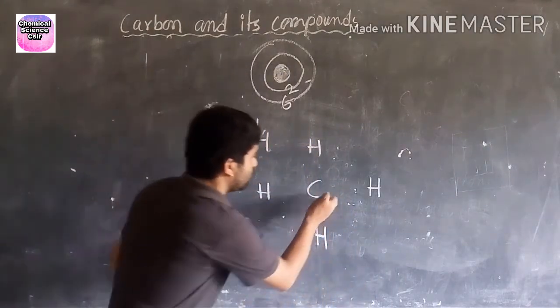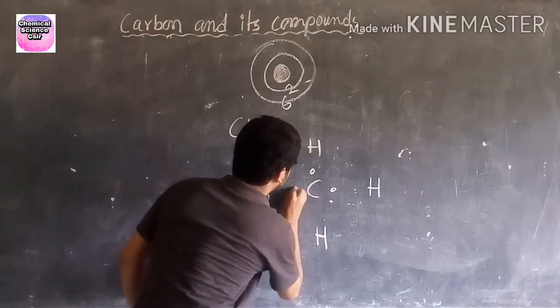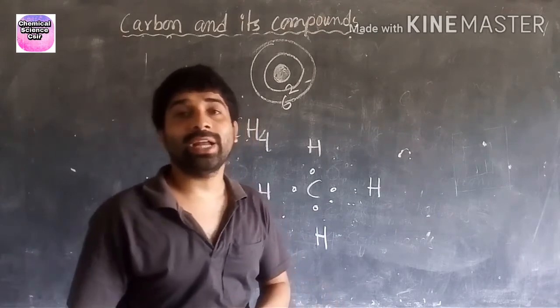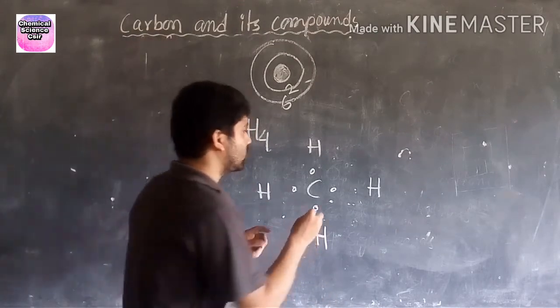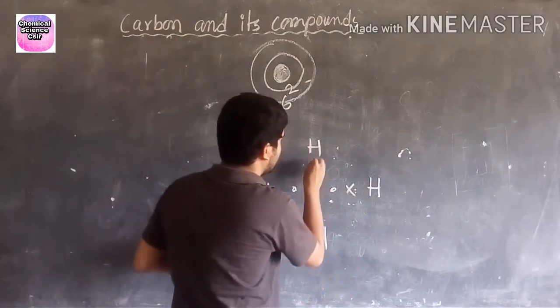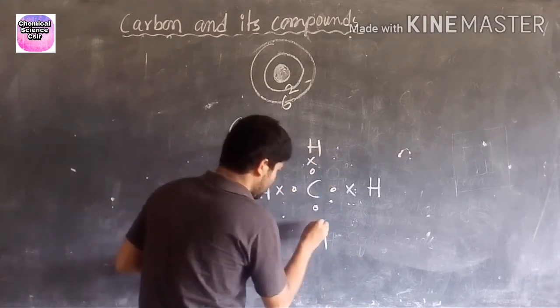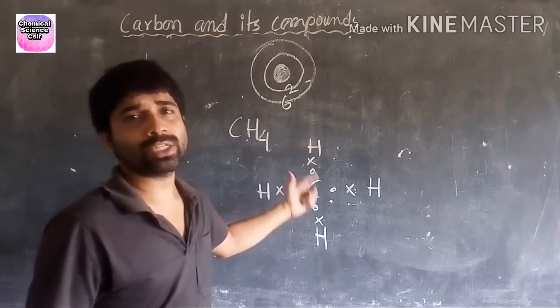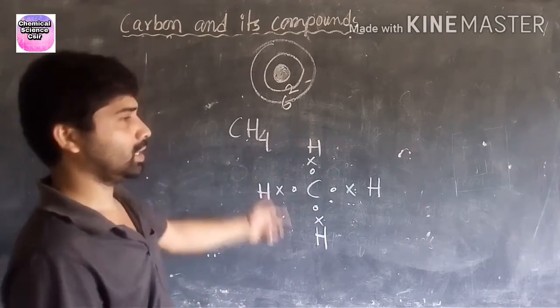Only 4: 1, 2, 3, 4. And the atomic number of hydrogen is 1, so only 1 electron. This is a hydrogen electron, this one a hydrogen electron, this one a hydrogen electron. So this is the Lewis dot structure or electron dot structure.